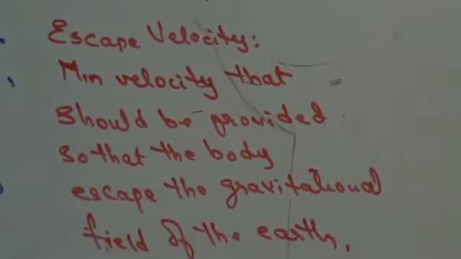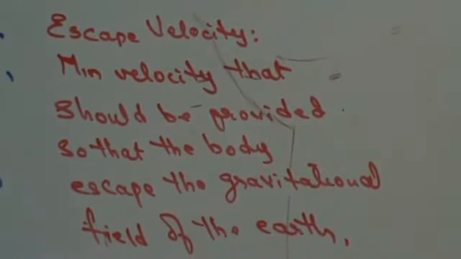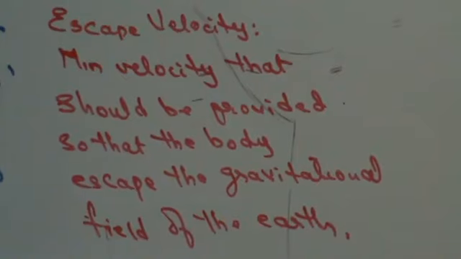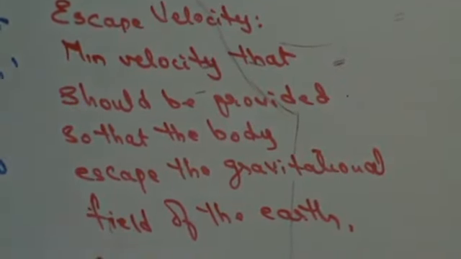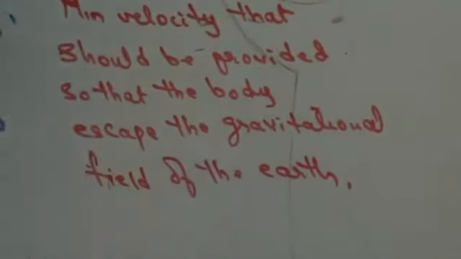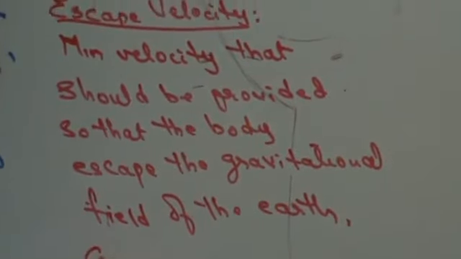Right? So the first stage of the rocket will provide the rocket with the necessary escape velocity. The second stage of the rocket will give the satellite its critical velocity.